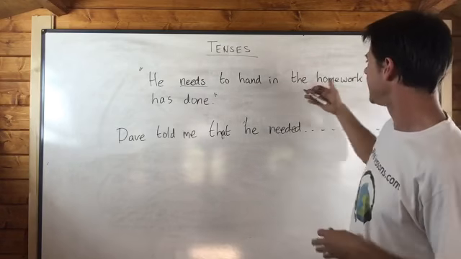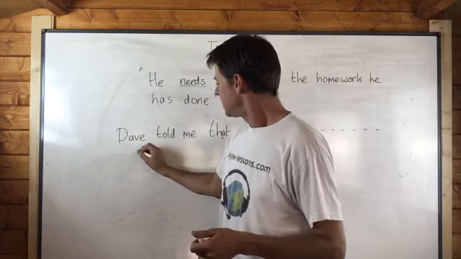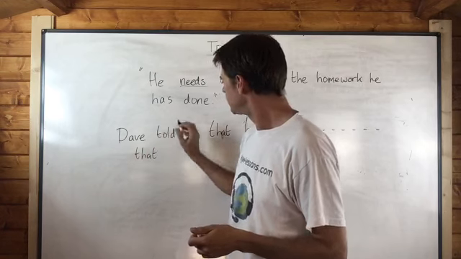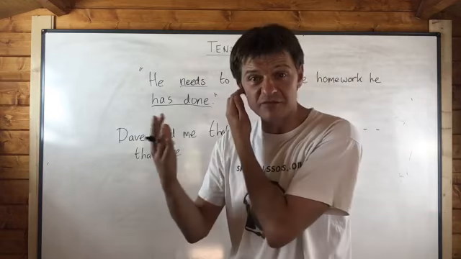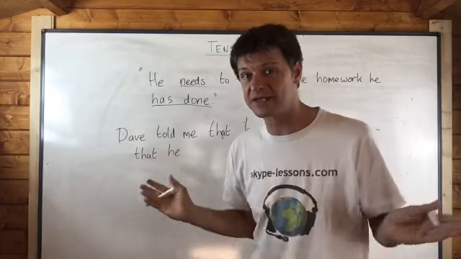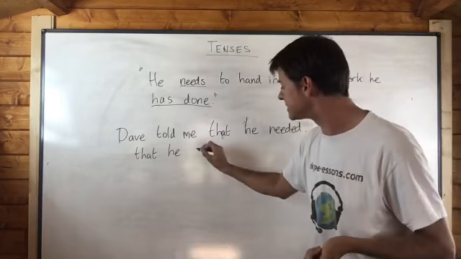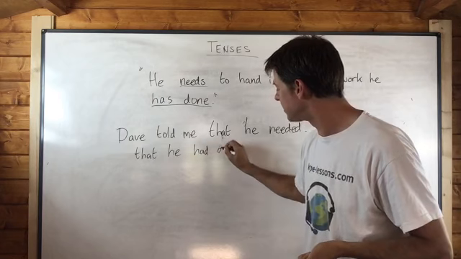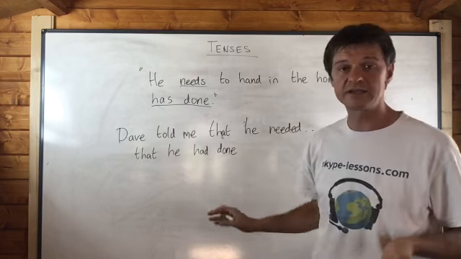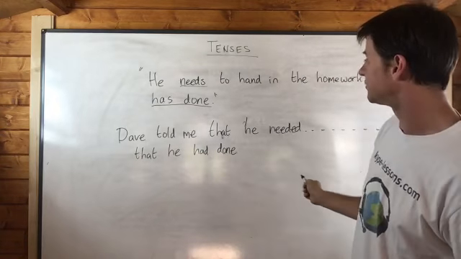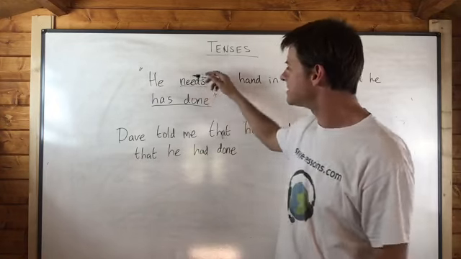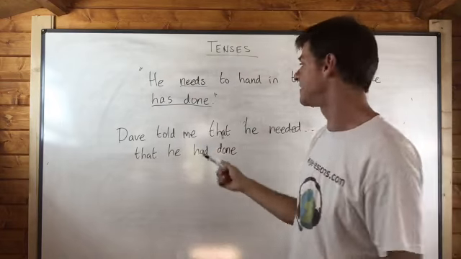He needed to hand in the homework that he, now what do we do with has done when we report it? Hopefully you can all see that all we need to do is change has to had, because had done is the past perfect form. Had done is past perfect. Now this makes total sense because what was the order of events?